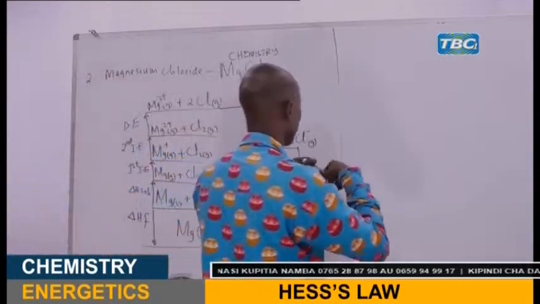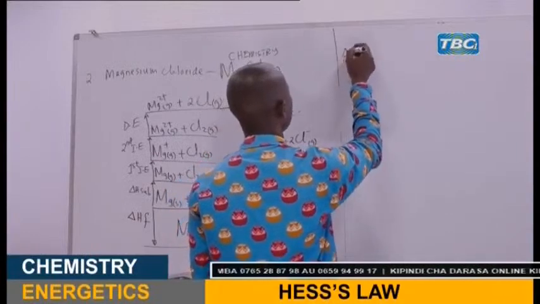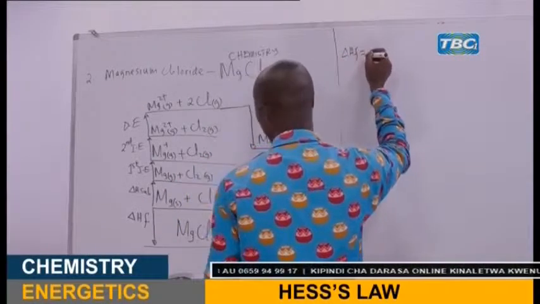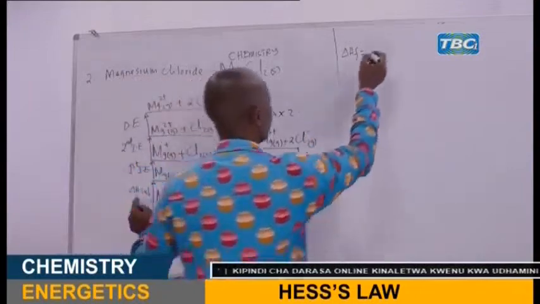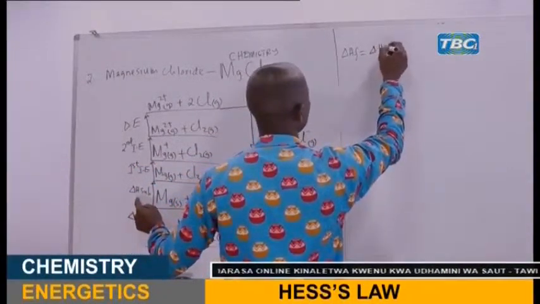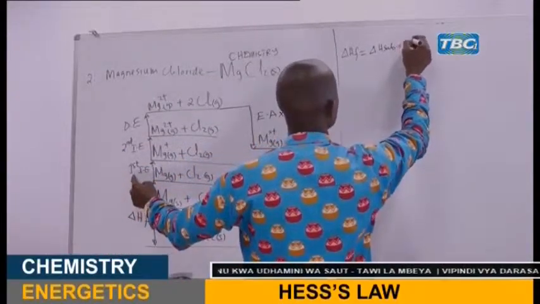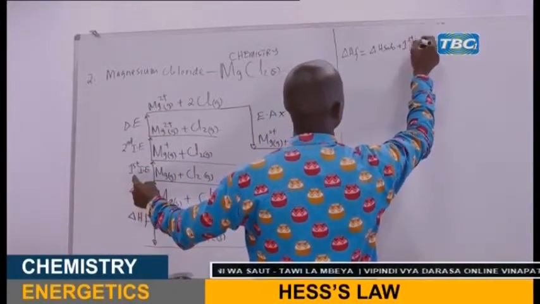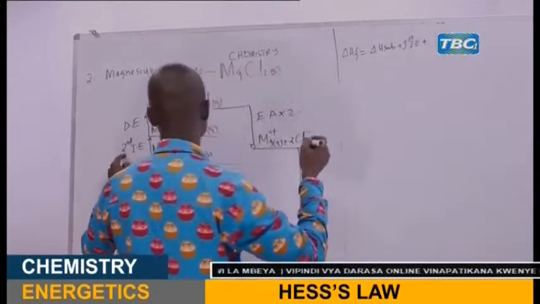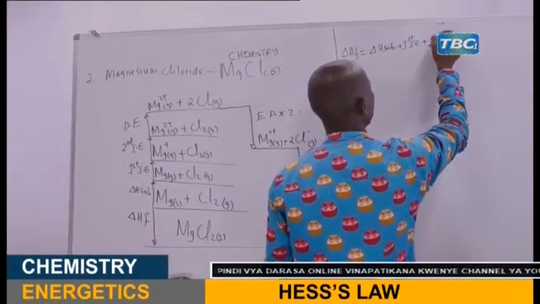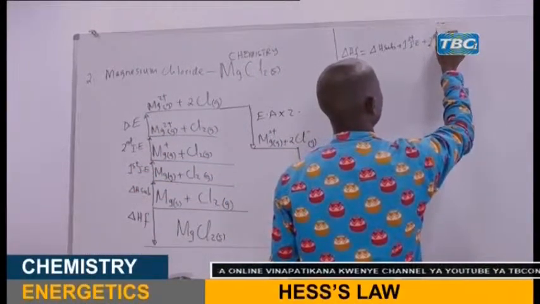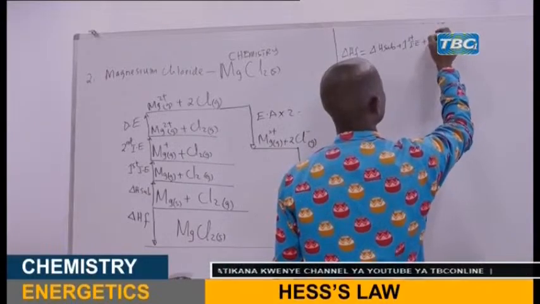So the enthalpy of formation will be equal to, we sum this one. We have enthalpy of sublimation, plus the first ionization energy, plus the second ionization energy.